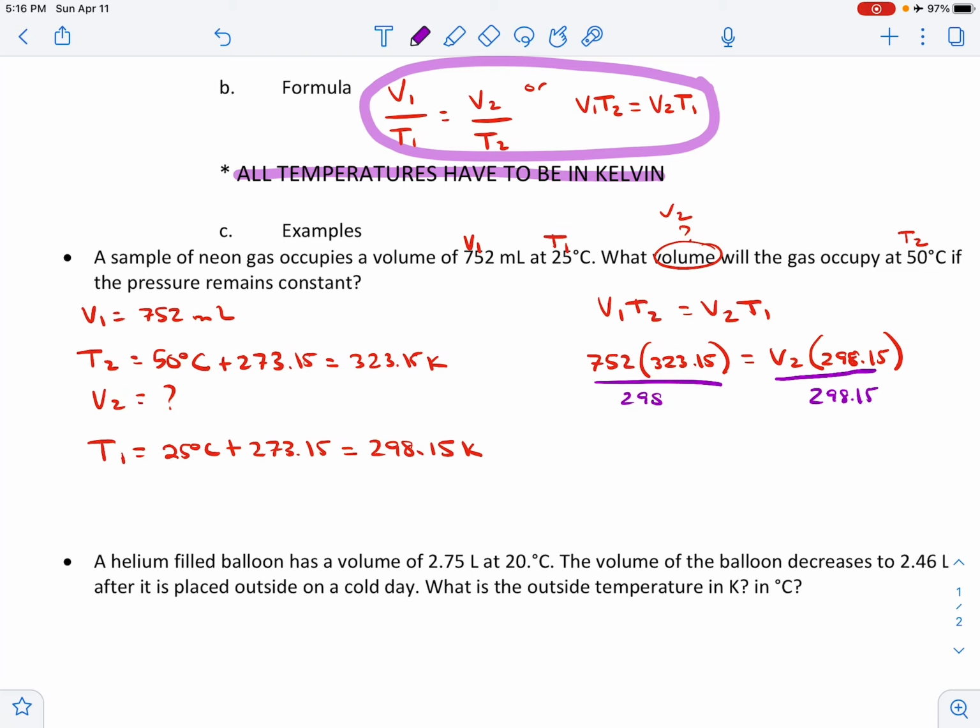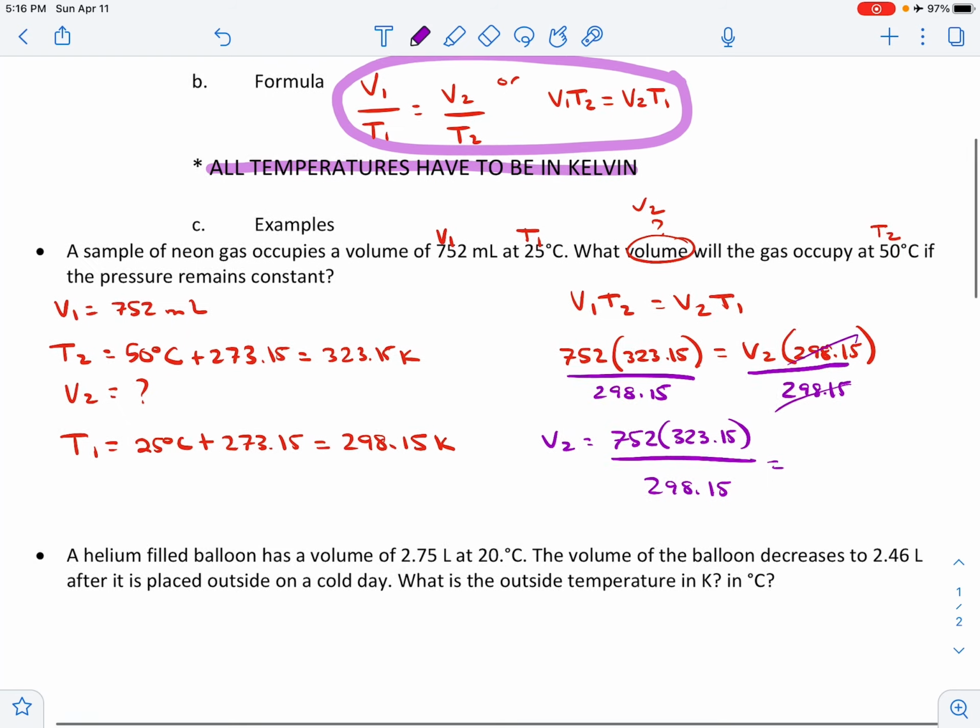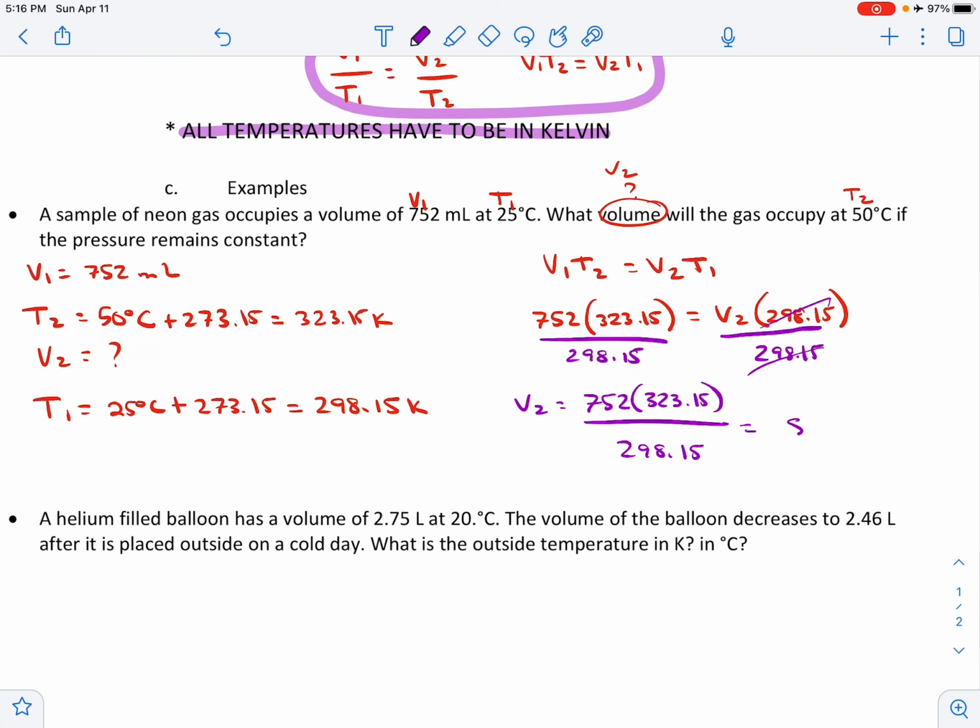That cancels over here, and leaves us with V2 equals 752 times 323.15 divided by 298.15, and we should get 815.